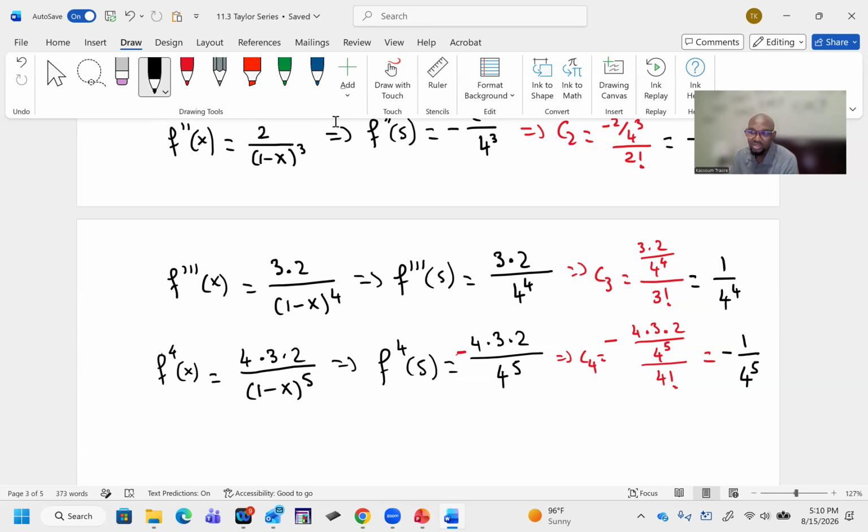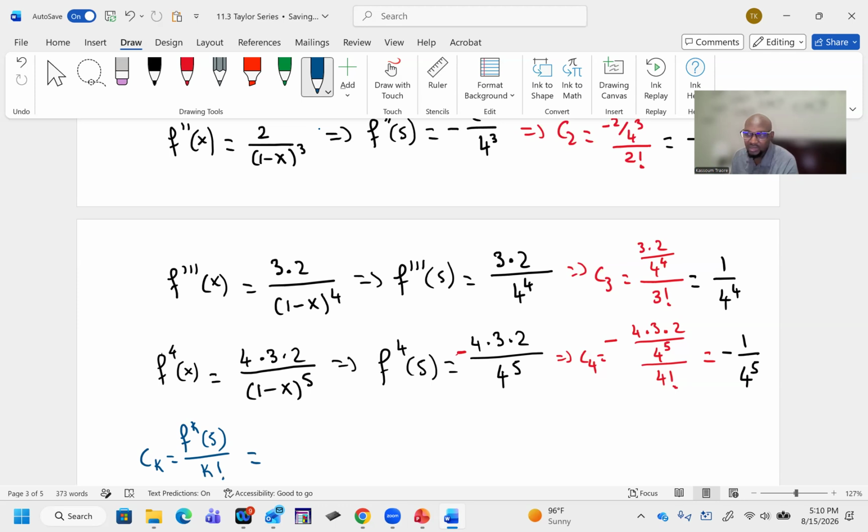And then once you do that, you will see basically our C sub k, which is the kth derivative of f of 5 divided by k factorial, will be equal to what?